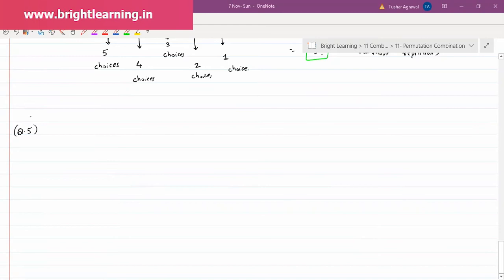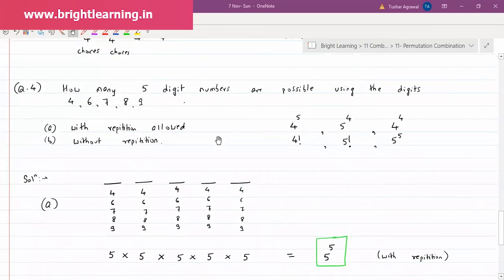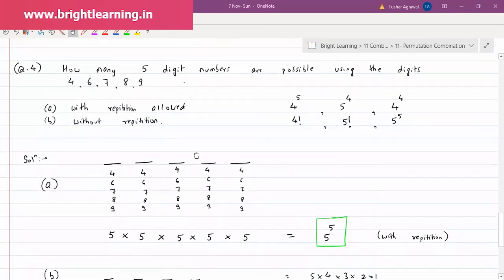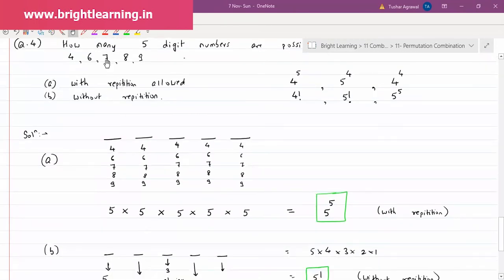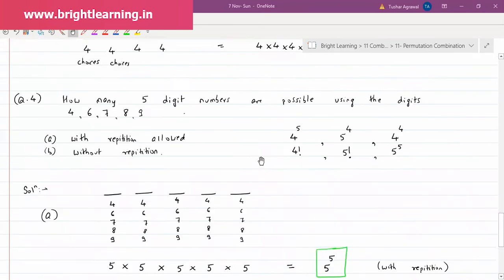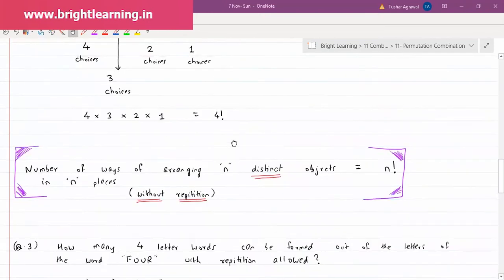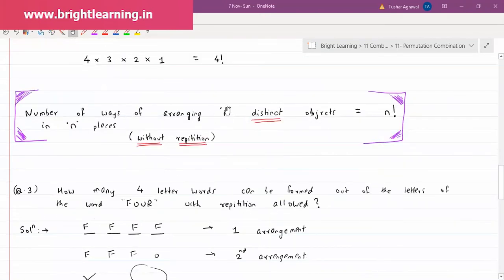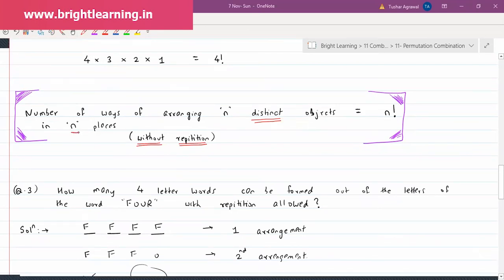Question number 5. 0 creates a problem in these type of questions. Now here actually our life is very simple. I'm giving you 5 digits and I'm giving you 5 places to fill them up. The formula I have given you is the number of ways of arranging n distinct objects in n places and without repetition.